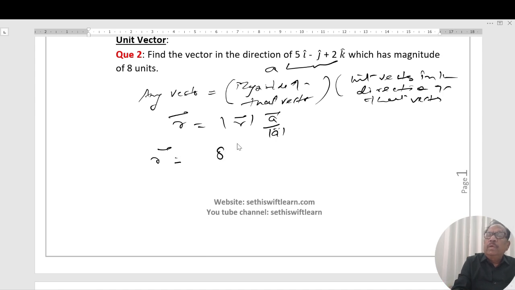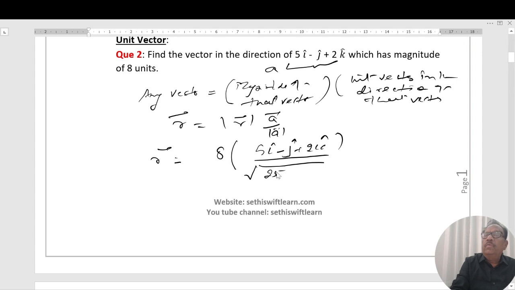magnitude is given as 8, times A, that is 5i minus j plus 2k, divided by under root 5 square, 25, plus minus 1 square, 1, plus 4.